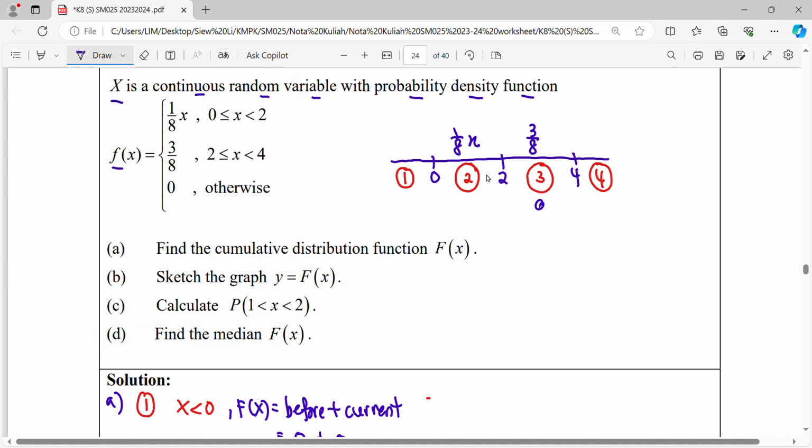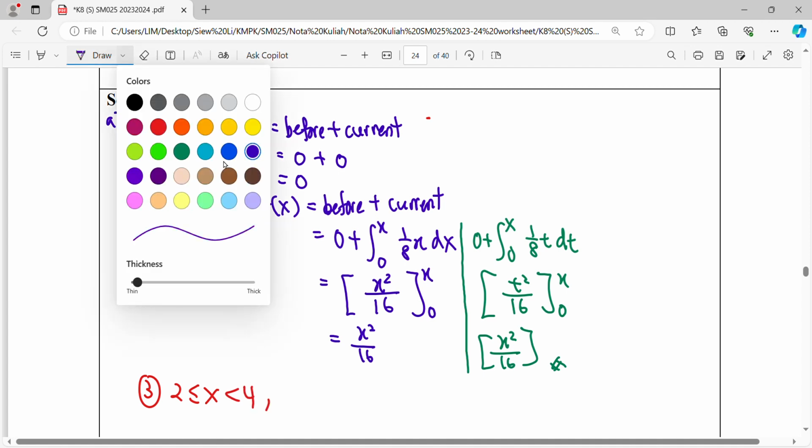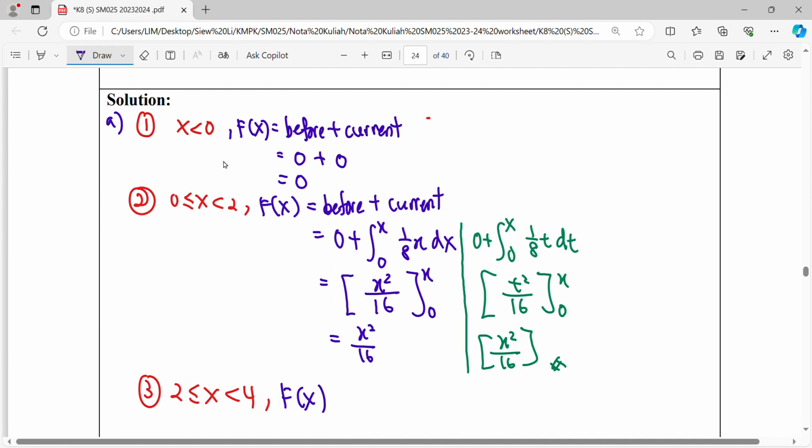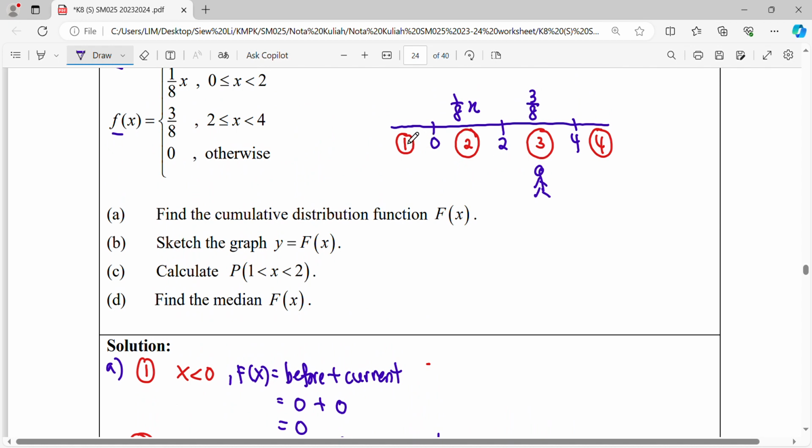So we come to the third interval, which starts from 2 until 4. When you are at this interval, you look back at your continuous random variable: how much has already accumulated up to this interval?